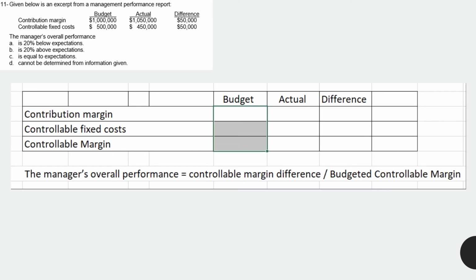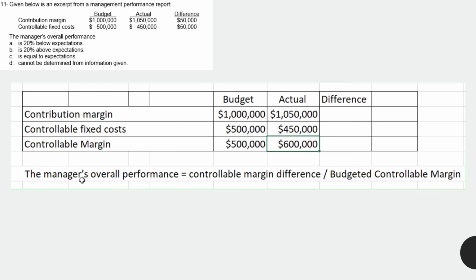So if we break this down, we look at the contribution margin being $1 million, less the $500,000 controllable fixed costs, gives them a controllable margin of $500,000 budgeted. If we look at what actually happened, they had a contribution margin of $1,050,000, less the $450,000 controllable fixed costs. Their actual margin went up to $600,000 versus a budget of $500,000.